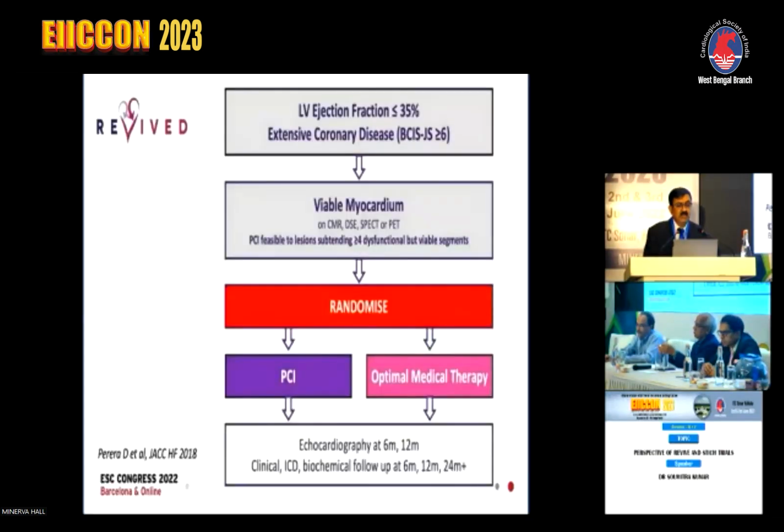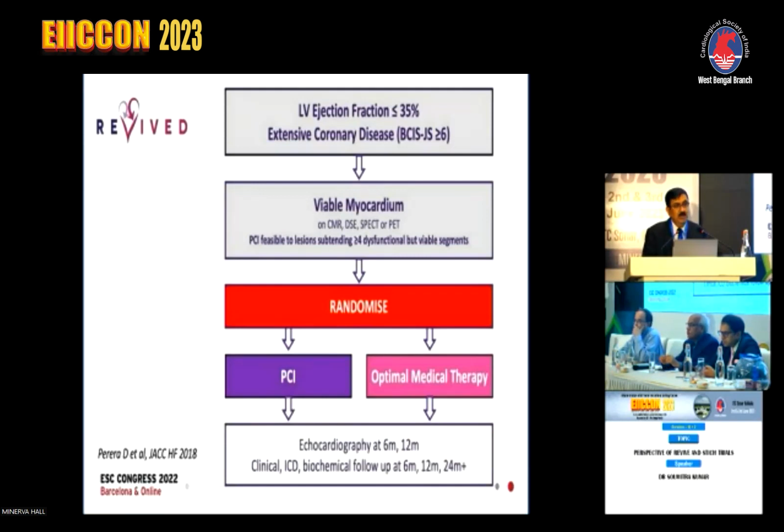So this was the design. LVEF was less than 35%. Viability was studied by all the modalities that Dr. Bansal has mentioned: CMR, DSE, SPECT, or PET. So it was a very state-of-the-art assessment of the viable myocardium. PCI feasible to lesions subtending at least 4 dysfunctional but viable segments was carried out, and then the patients were randomized either to the state-of-the-art PCI or to optimal medical therapy.